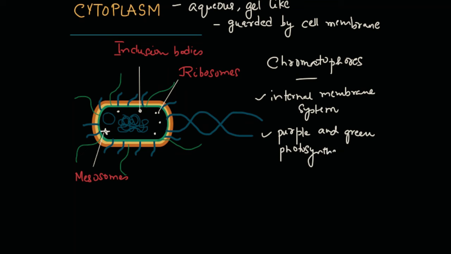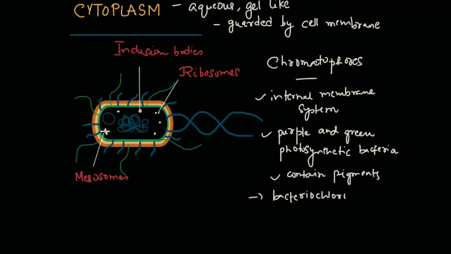So these are not present in all prokaryotic cells. They contain photosynthetic pigments like bacteriochlorophyll, carotenoids, and others.